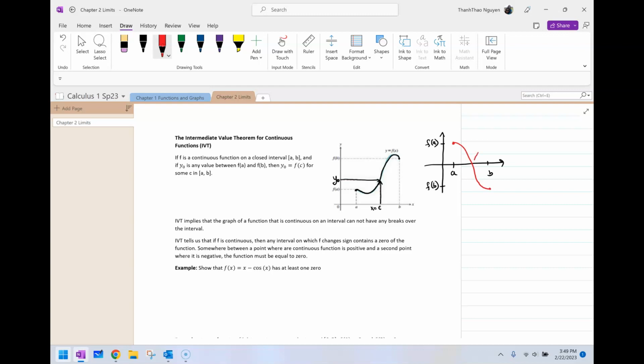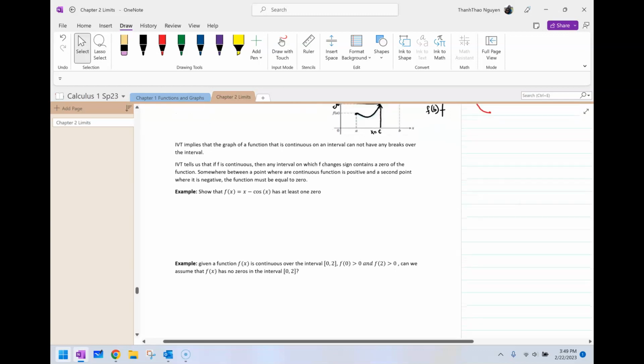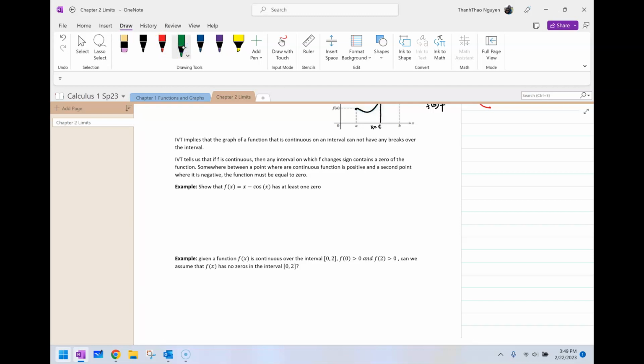Then there would be a guaranteed value c somewhere such that f of c equals 0. Show that f of x equals x minus cosine of x has at least one 0. Okay, so let's choose an interval.